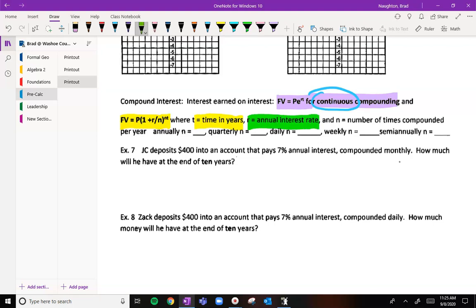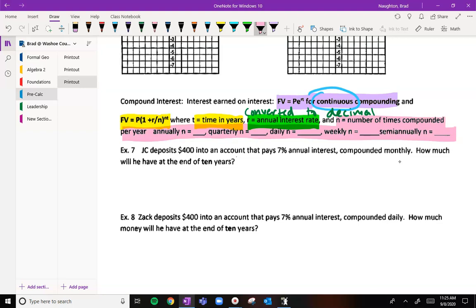This is where we're going to make mistakes, sports fans, so let's write this down. This needs to be converted to a decimal. Alrighty, and then n is going to be your compounded times per year, and that's what all this other stuff is.